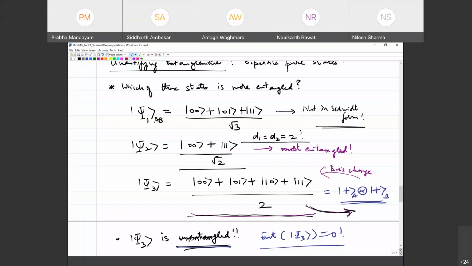This will be part of assignment 2, for you to work out what is the entanglement content of this state. In order to do that, you first have to convert it to Schmidt form. And this is not even as simple as going to the plus-minus basis, no? Even in the plus-minus basis, it will have all possible combinations and it will not tell you. That's also not a Schmidt form. So you'll have to identify the right Schmidt basis. That is the challenge. Okay.